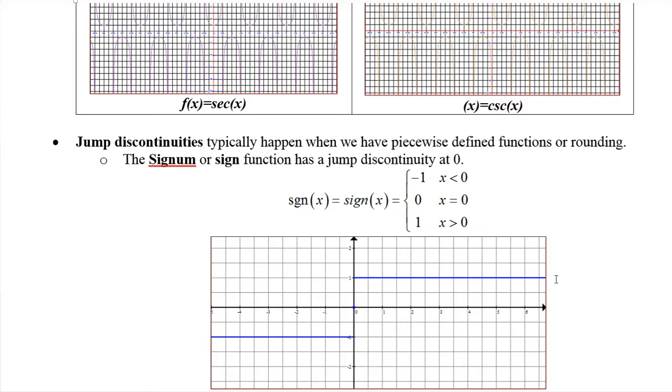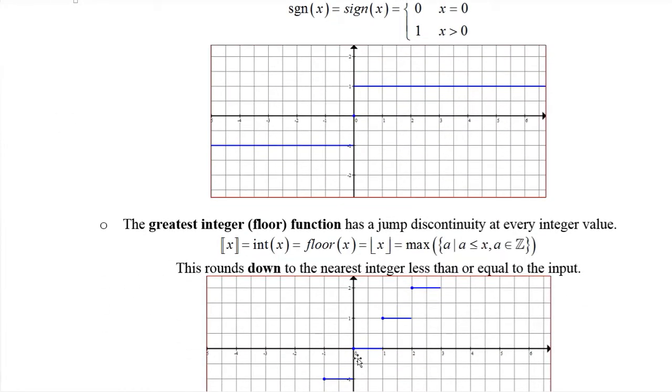So the limit as x goes to infinity is 1, the limit as x goes to negative infinity is -1, the limit as x goes to 0 is undefined, the limit from the right is 1, the limit from the left is -1, and the value is 0 when x is 0. And so we have a jump discontinuity here, jumping from -1 to 1, by way of 0.